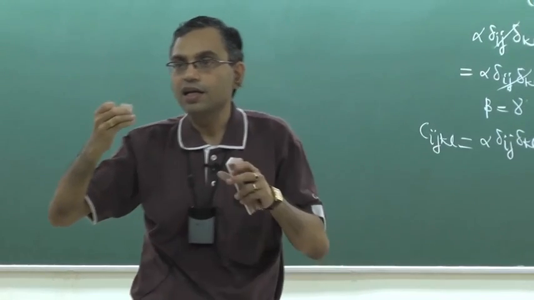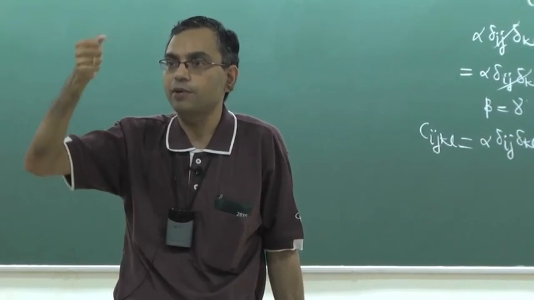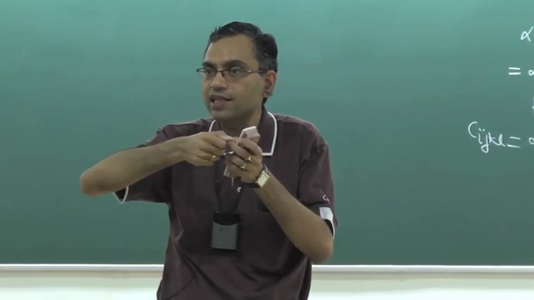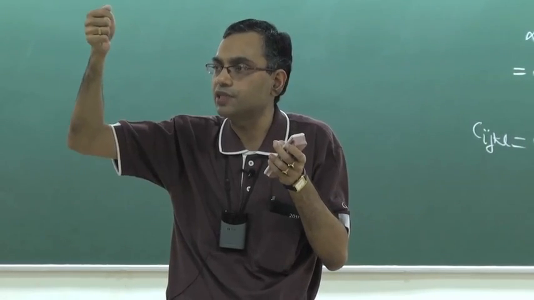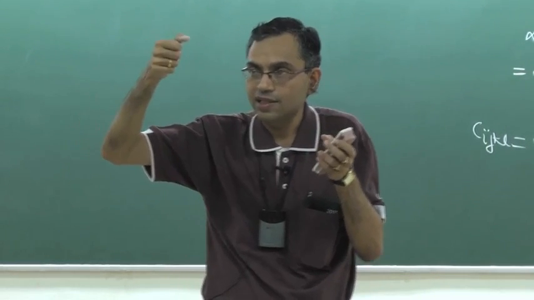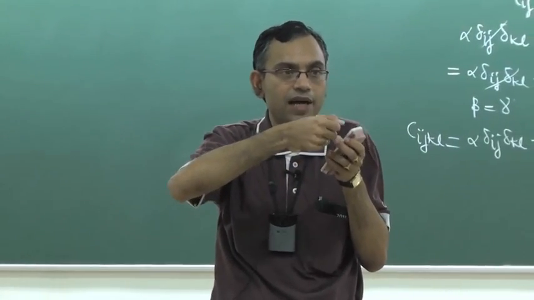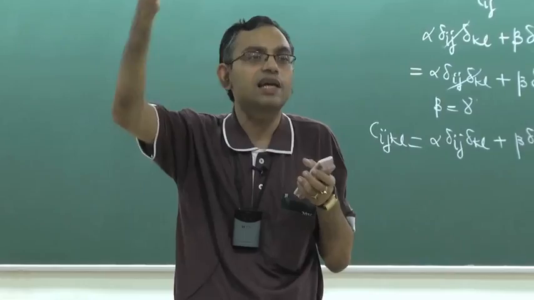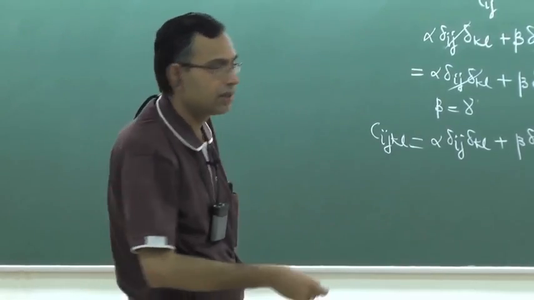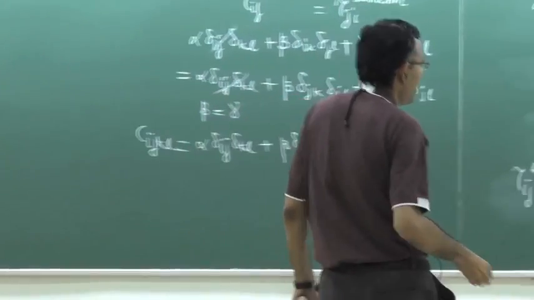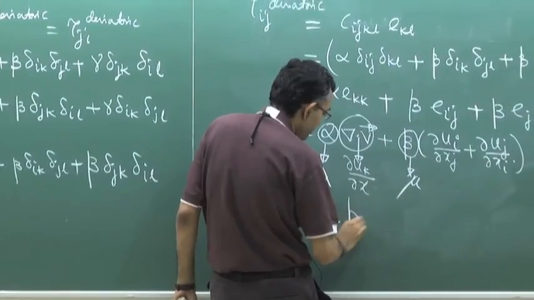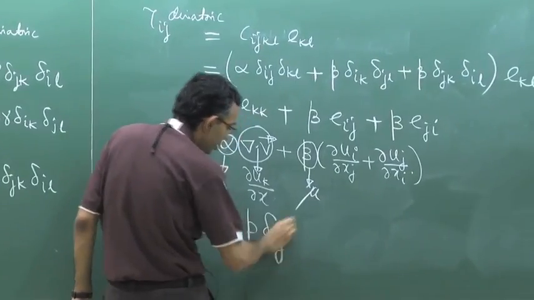Because by nature pressure is compressive, whereas tensile stress is considered to be positive stress. So, pressure is by nature a compressive stress, whereas by sign convention we take tensile stress as a positive normal stress. So, we write this as minus P into delta ij.